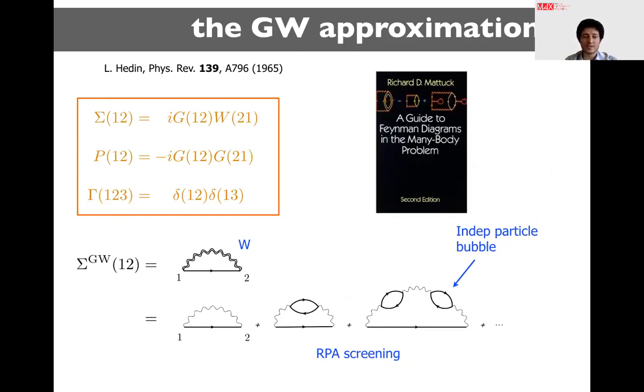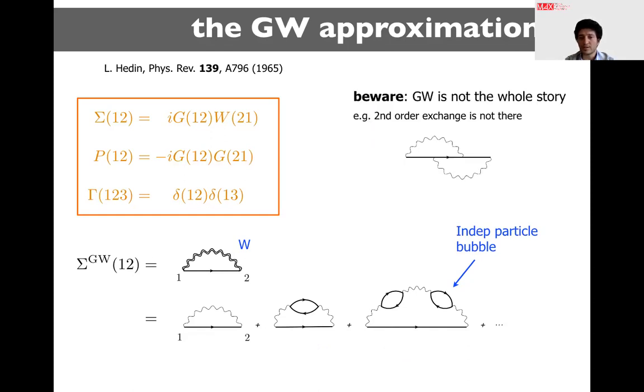A very simple one is this, where we have G times W, but we can expand W in this series due to the Dyson equation, when we see RPA bubbles appearing, the first term being the Hartree-Fock one.